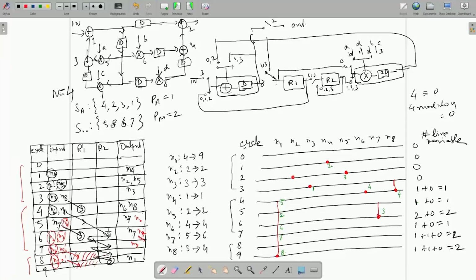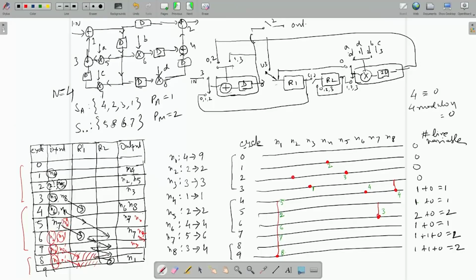If it is at 4, this fellow will touch it, which is 1, 1 means 5, at cycle 5 it will come here at the R2 output. At what cycle? Cycle 6. After that, cycle 6, it is fed back to the input of R2 itself. 6 is equivalently 2, 6 modulo 4 is 2.